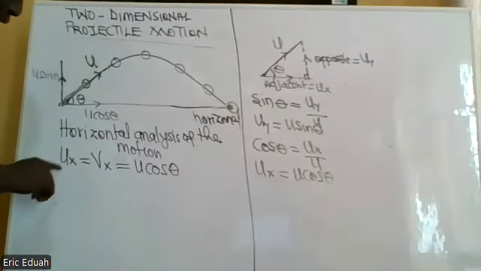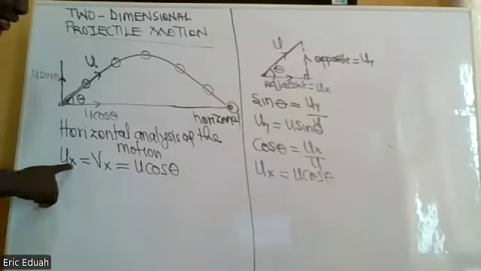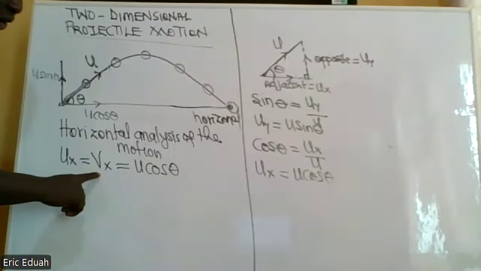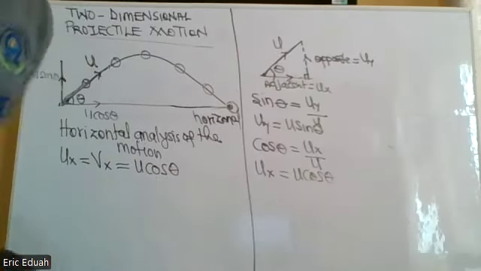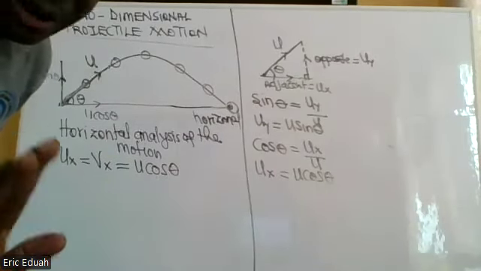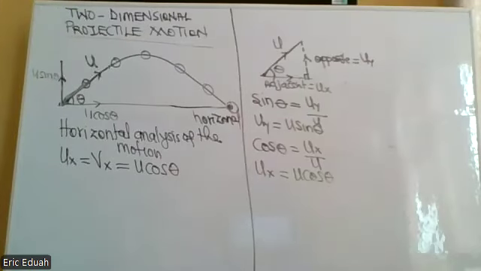So in that case, initial horizontal velocity is equal to the final velocity, and they are all equal to the horizontal component of this velocity of projection, u cos theta. Class, I'm sure we are fine.